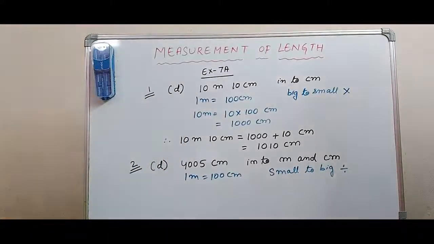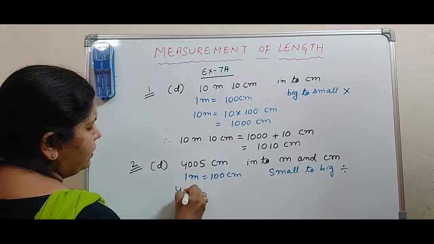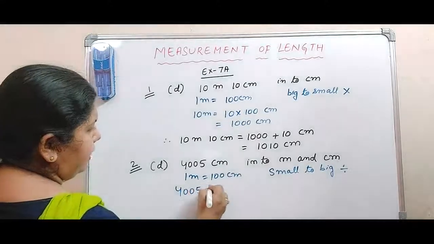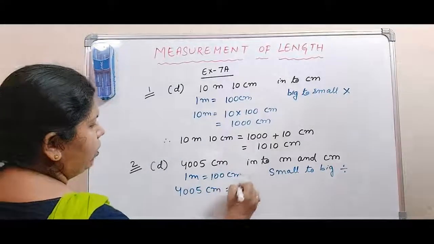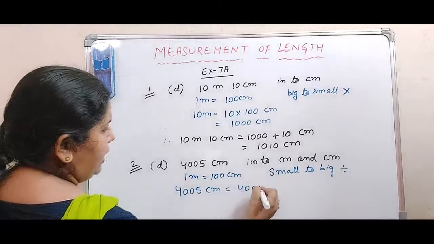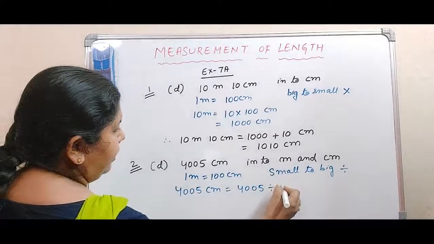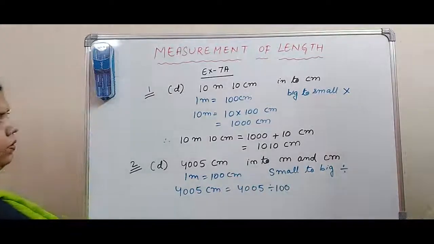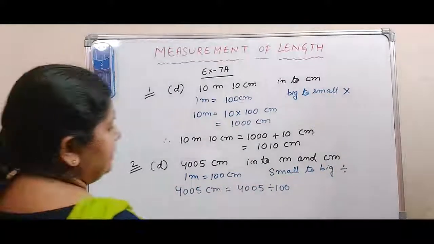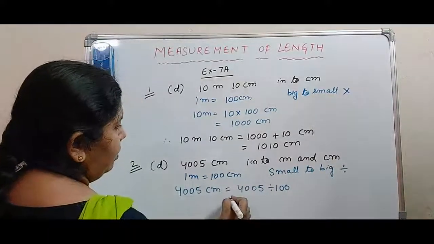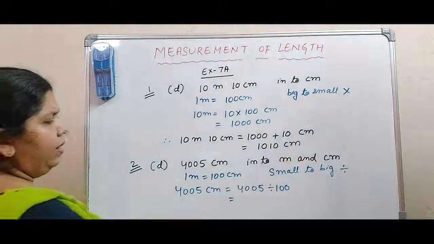Okay. So 4005 centimeter equal to 4005 divided by 100. So what are we going to get here?